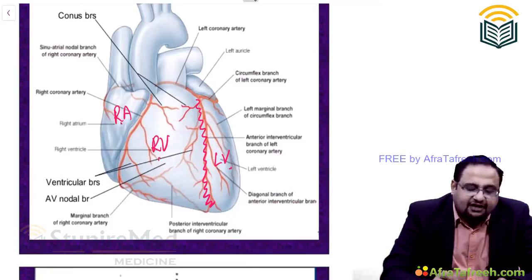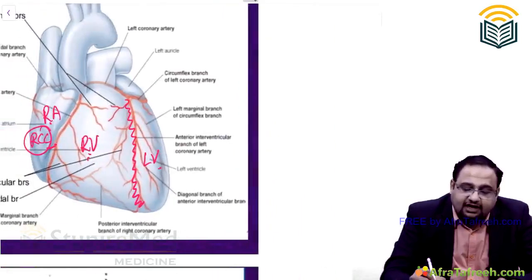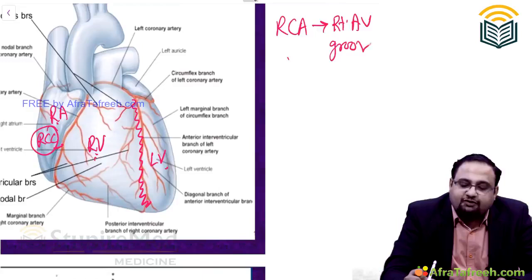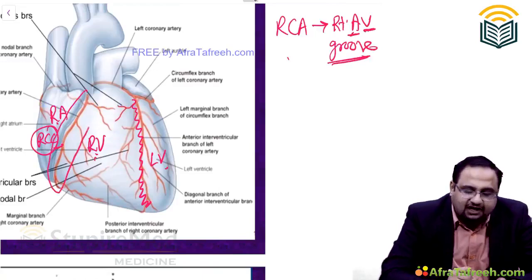The artery that runs in the right atrioventricular groove is the right coronary artery. Right AV groove means right atrioventricular groove as demonstrated here, and then it goes posteriorly.